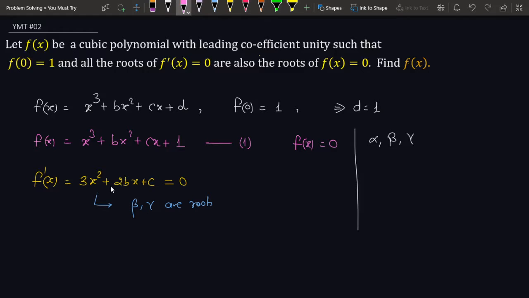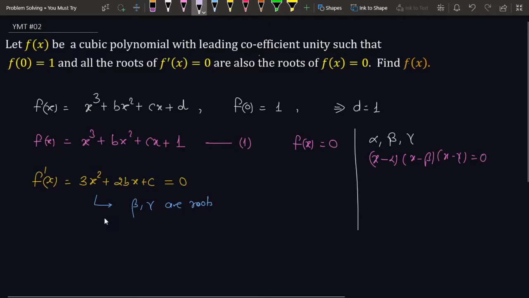So I can write f(x) = 0 as (x minus alpha)(x minus beta)(x minus gamma) is equal to 0, and this quadratic equation in terms of its roots can be written as 3(x minus beta)(x minus gamma) is equal to 0.